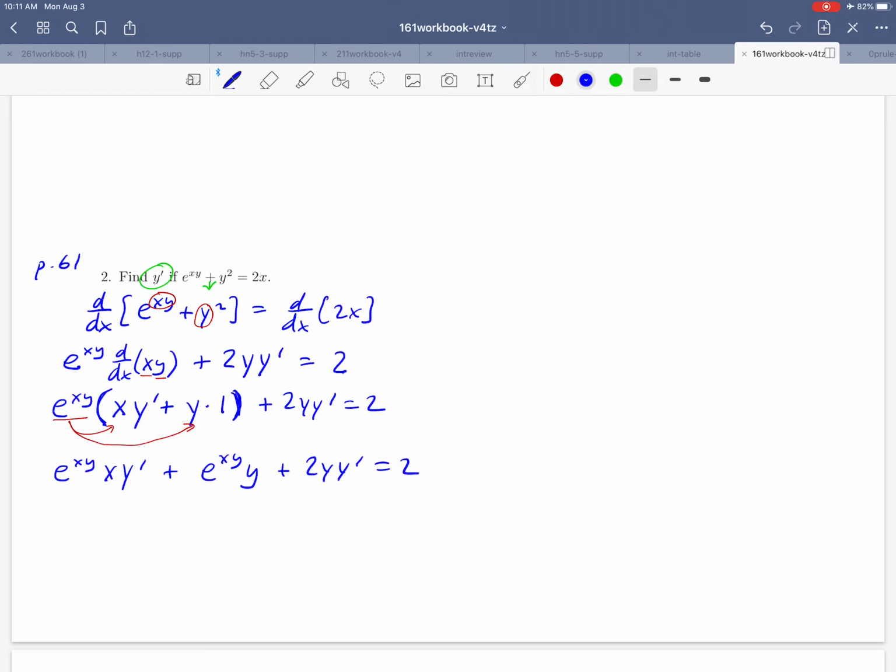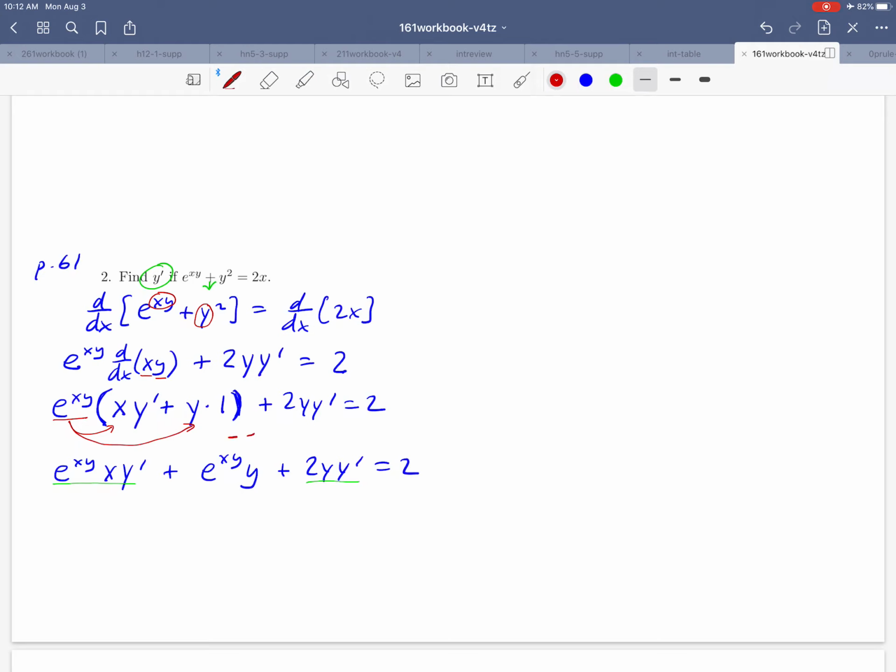And you remember what we did when we got to a situation like this before. We've got a y prime sitting in two different places in our equation, here and here. And so what we'd like to do is make use of the factoring method. We can do that by just getting all the y primes by themselves on one side.